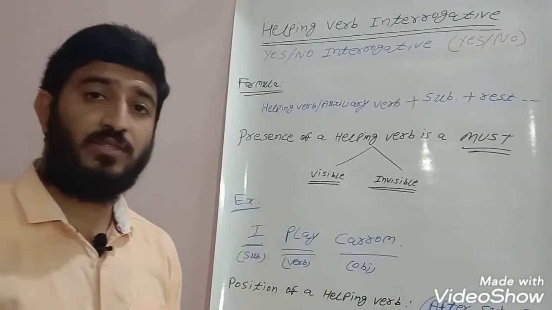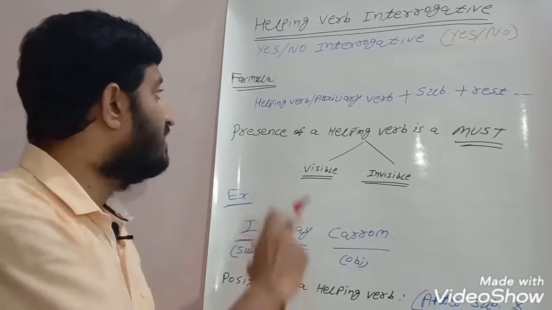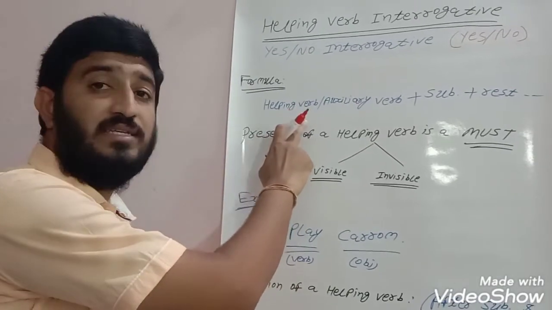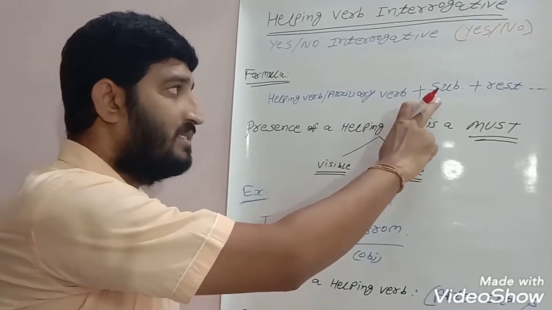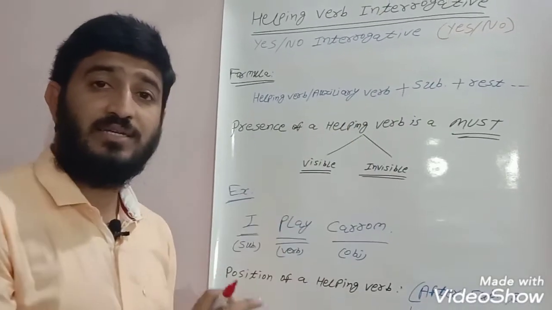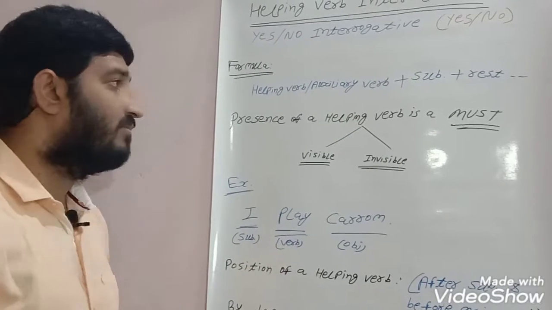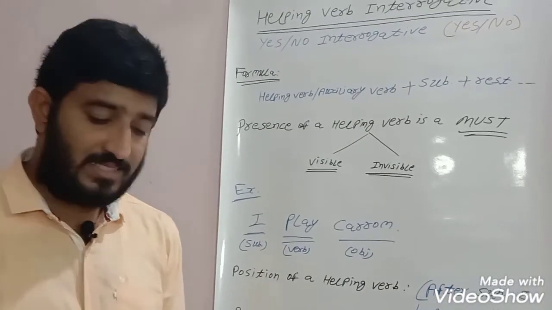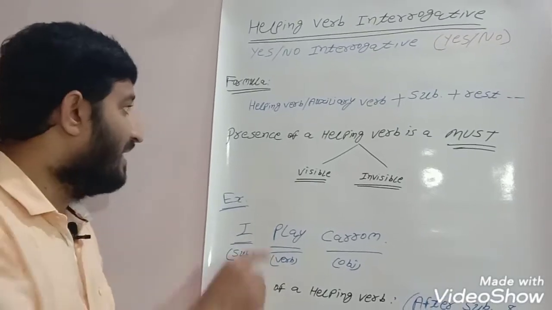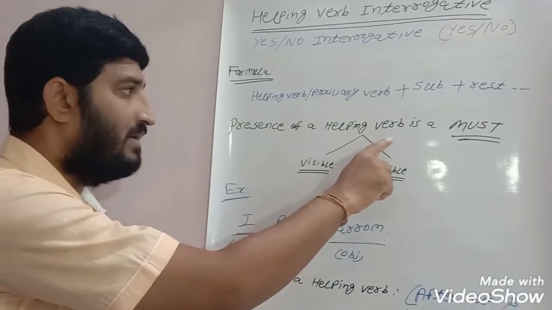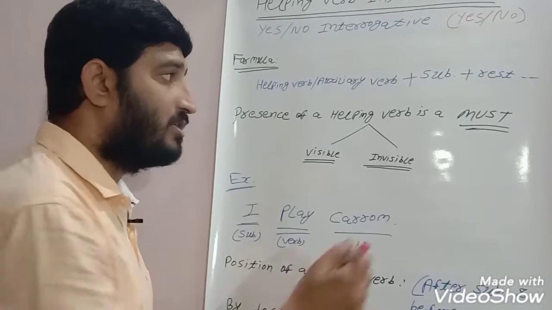The formula for this yes or no interrogative is helping verb, otherwise called auxiliary verb, followed by the subject plus the rest of the sentence. This is the basic formula. As in our starting videos, we had already discussed that the presence of a helping verb is a must.